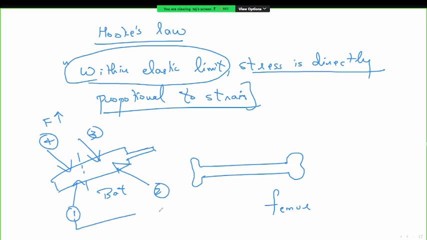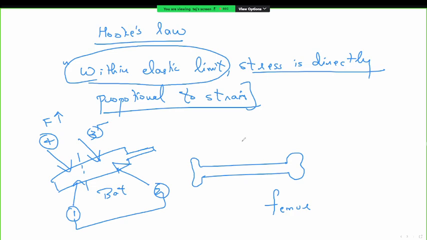But in 1, 2, and 3, it could bear that amount of force, therefore it did not crack. In 1, 2, 3, the bat was able to hold itself because it could handle that force, that pressure, that stress applied by the rod. Fourth time, it could not, it breaks down.